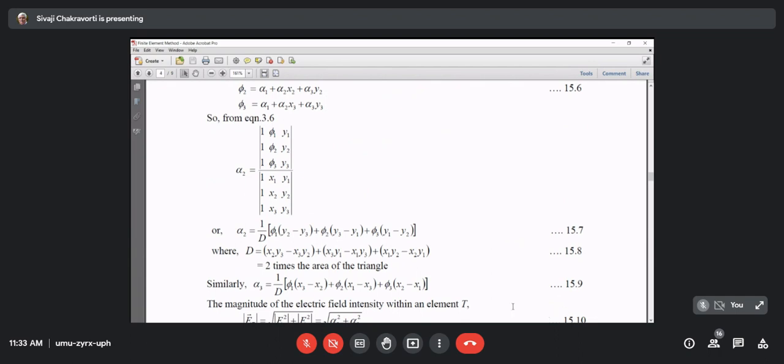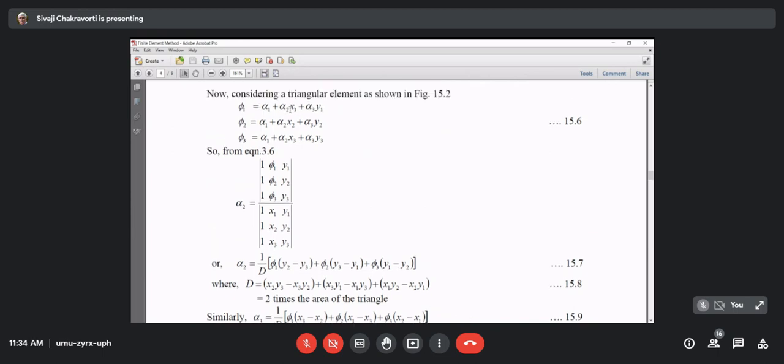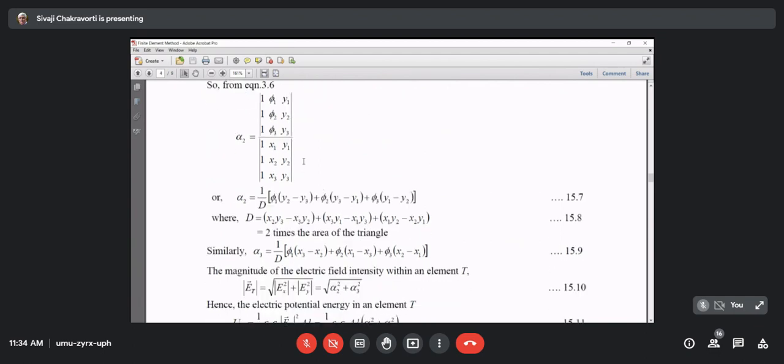If you recall your knowledge of coordinate geometry, you will see that equation 15.8 is nothing but 2 times the area of the triangle. Similarly, from equation 15.6, I follow the same Cramer's rule and find alpha 3, which is given in equation 15.9.